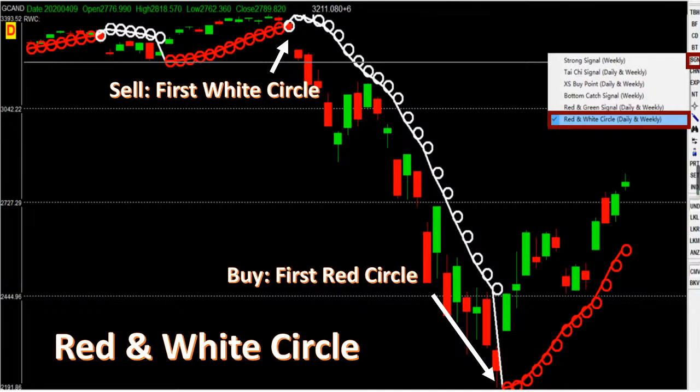The red and white circle is one of the signal indicators under the signal group, and that is how it looks. A line links all the red circles, then it turns to white circles, and then a line links all the white circles. That is the indicator, the red and white circle.